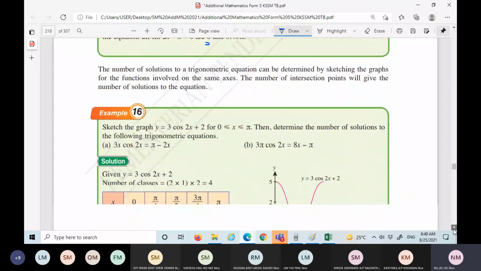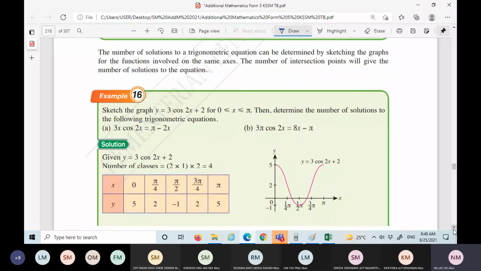Now we go to example 16. In example 16, they don't ask you the solution. They ask you the number of solutions. This is our old syllabus. Usually they will ask the number of solutions. They will not ask you the solution because it is actually quite difficult, because of the trigo graph.